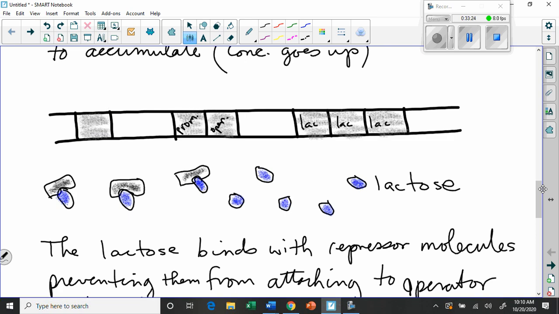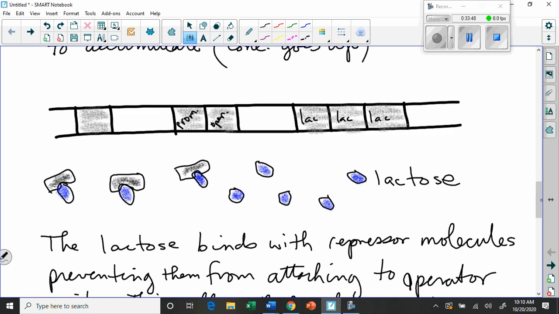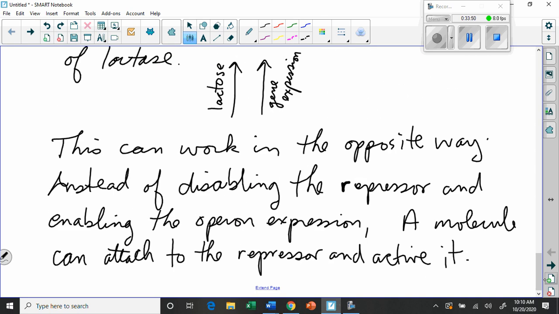It's possible, though, that in the opposite case, when another molecule builds up and it attaches, then it would attach to the operon after it's attached to the other molecule, which would shut off the gene. So this would mean that instead of raising concentrations of a molecule turning on the gene, rising concentrations of the molecule would shut off the gene. So it works in the opposite way, right?